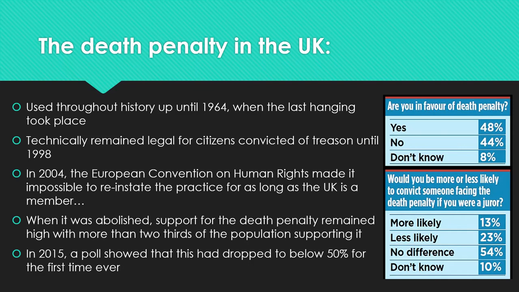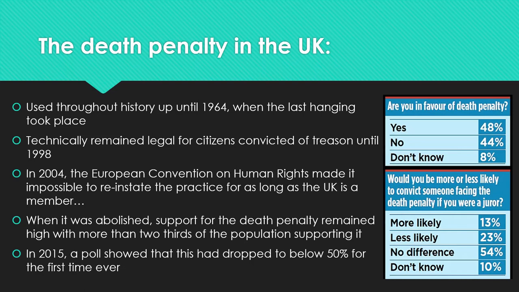The death penalty in the United Kingdom was used throughout history up until 1964, when the last hanging took place, and hanging somebody by their neck was one of the most common forms of the death penalty in the UK. It technically remained legal for citizens to be convicted of treason until 1998.